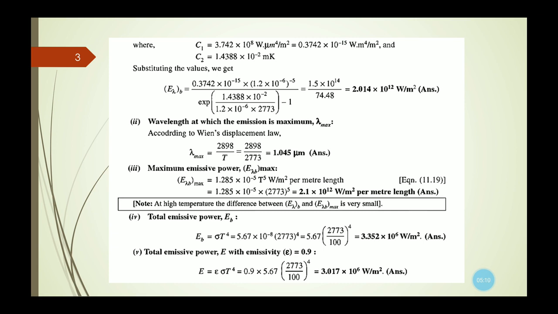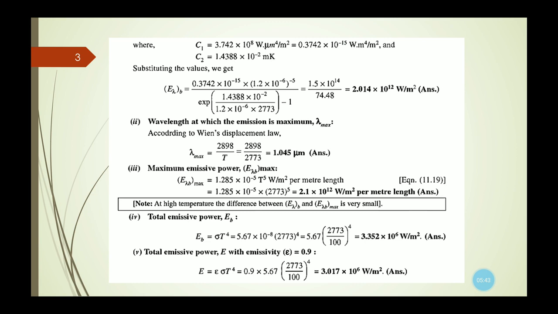For the second one, we need to calculate the wavelength at which the emission is maximum, that is lambda max. How to calculate this lambda max? It is the wavelength at which the emission is maximum. For that we need to use Wien's displacement law. In Wien's displacement law, lambda max multiplied by T is equal to 2898.